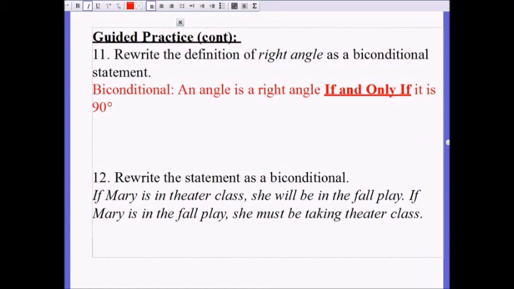If Mary is in theater class, then she'll be in the fall play. If she's in the fall play, then she must be taking theater classes. So we have to put these two together.